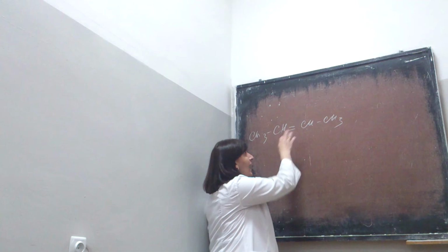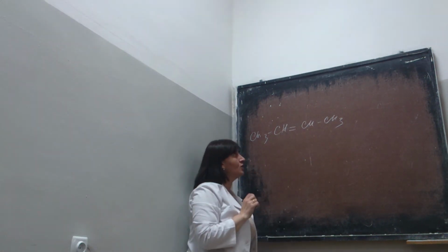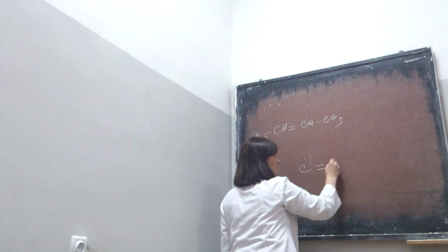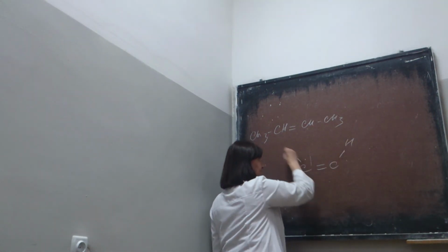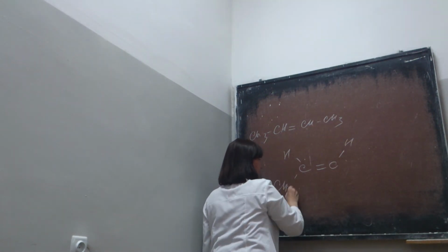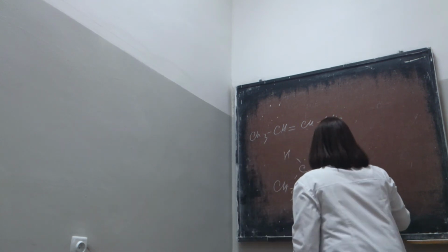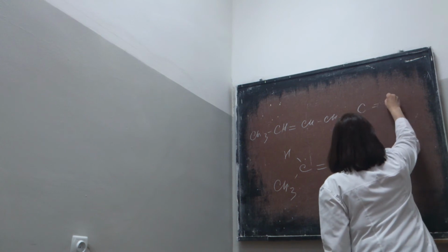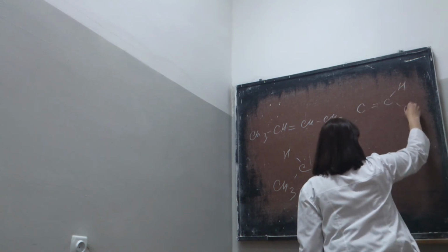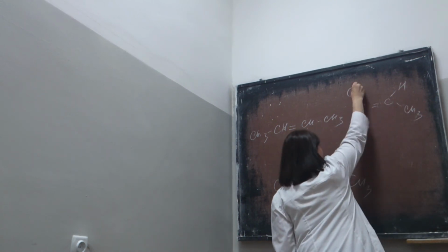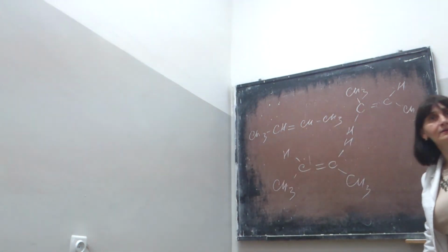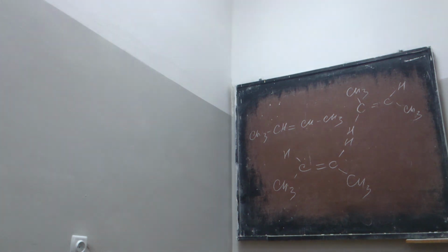Now look, I can draw two versions of this molecule. First one is this, and second one is this. So these two molecules are isomers of each other.